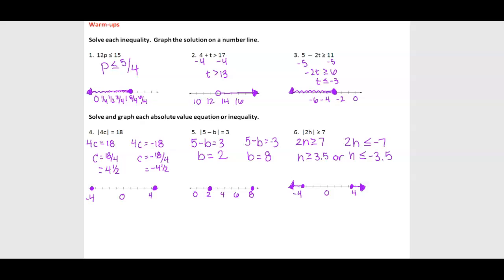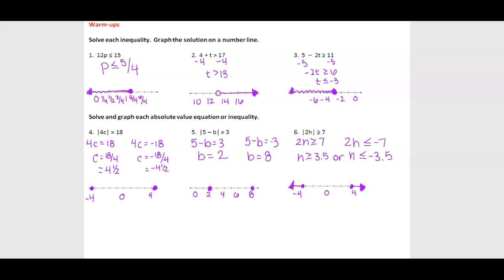All right. So for number 1, you had p less than or equal to 5/4. This is a less than or equal to, therefore it is a closed circle and shade to the left. Number 2, t is greater than 13. Okay.